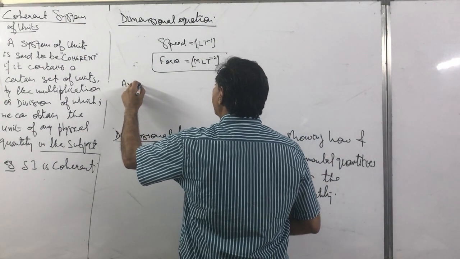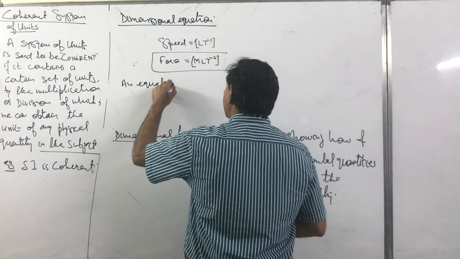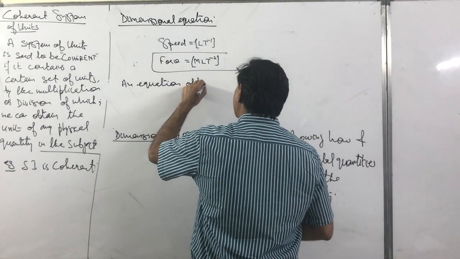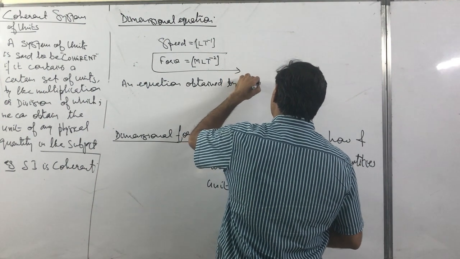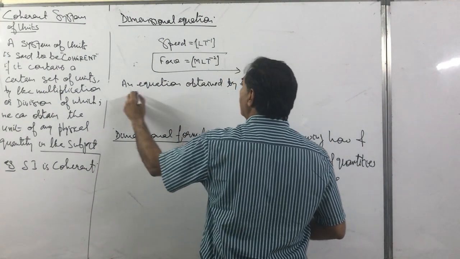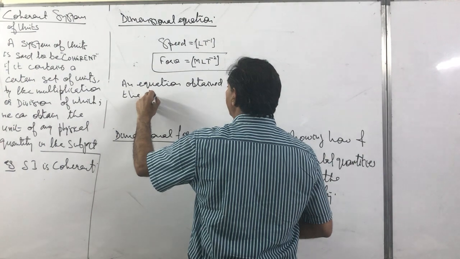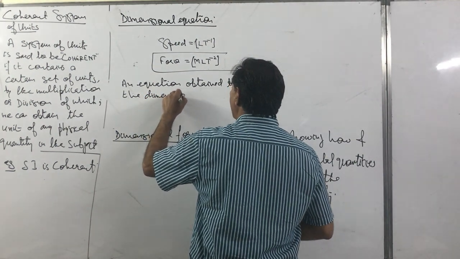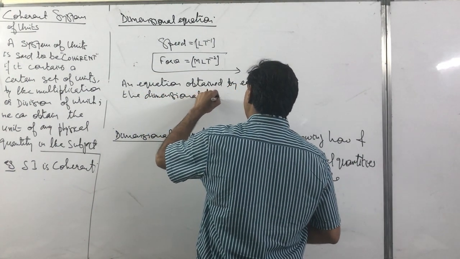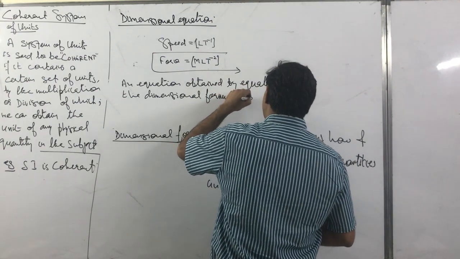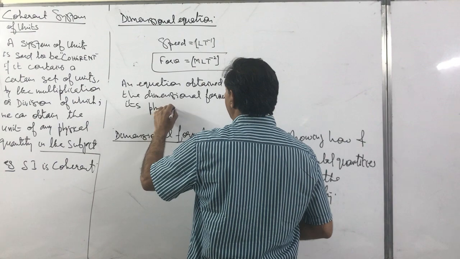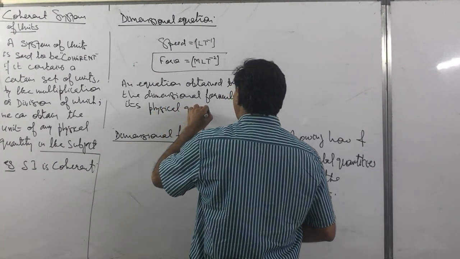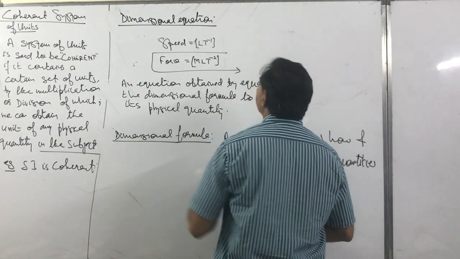An equation obtained by equating the dimensional formula to its physical quantity.